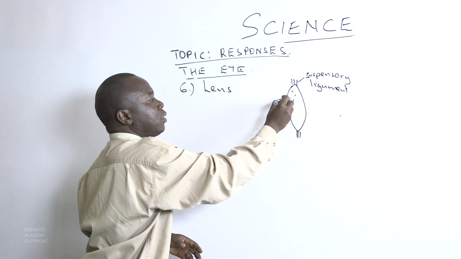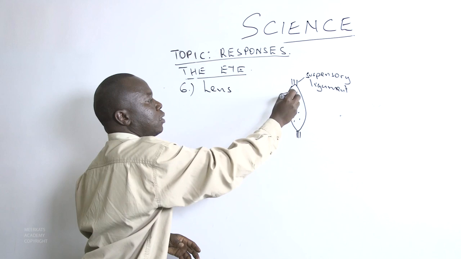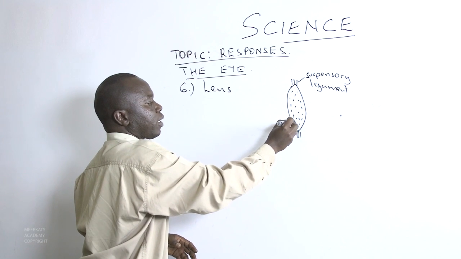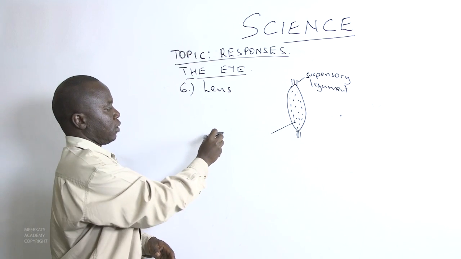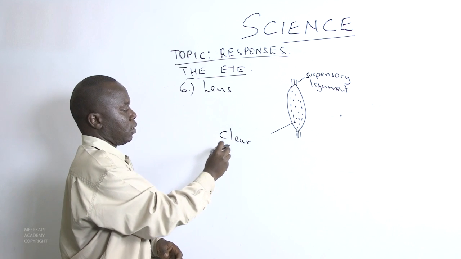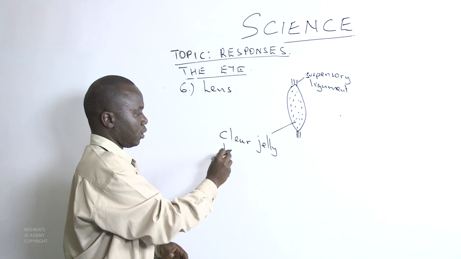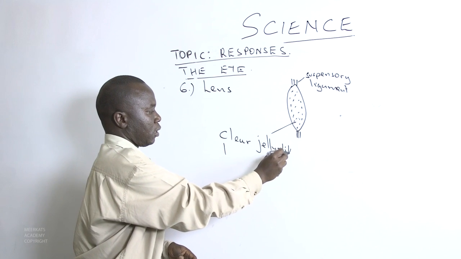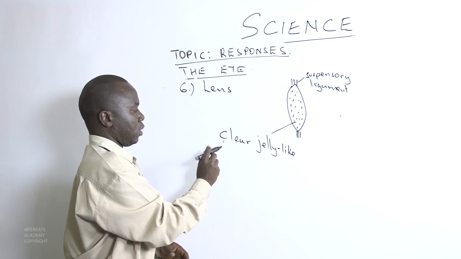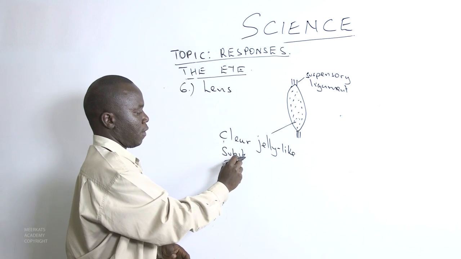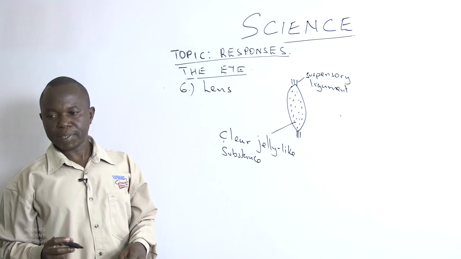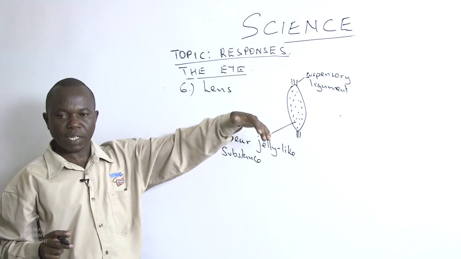But in between, inside this lens, we have a clear, jelly-like substance. And then you look at the surface of the lens.